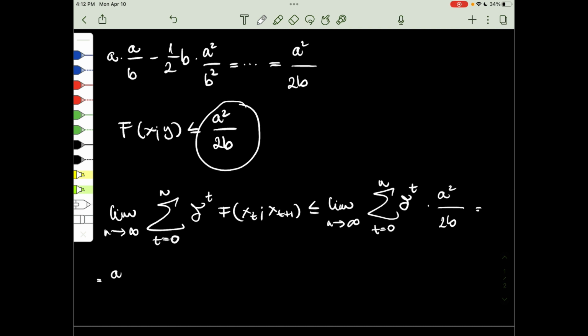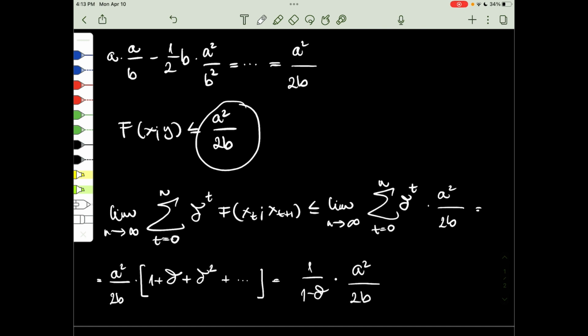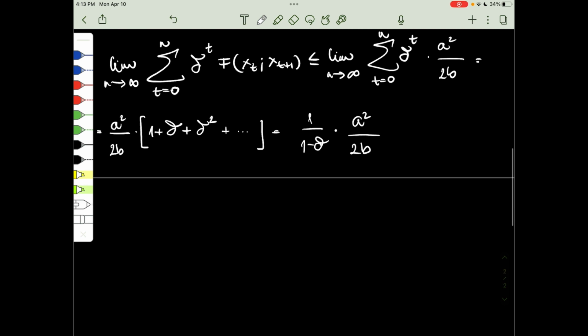It can be reduced to an infinite sum, which is this expression. So here we go. This is a useful upper bound for the value function.